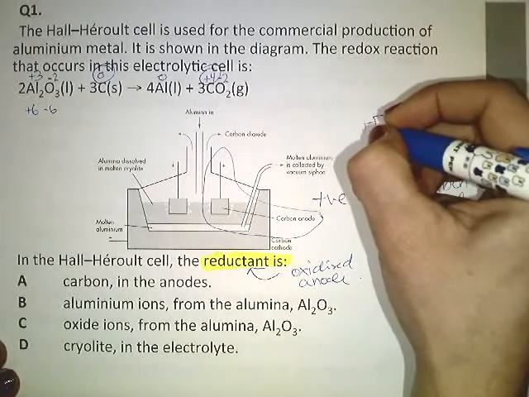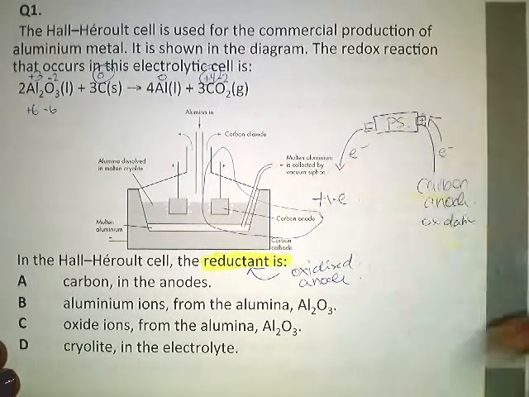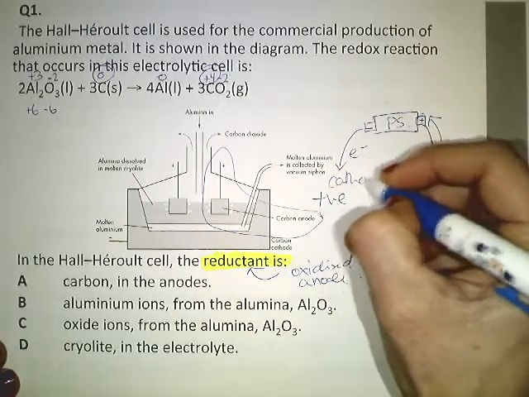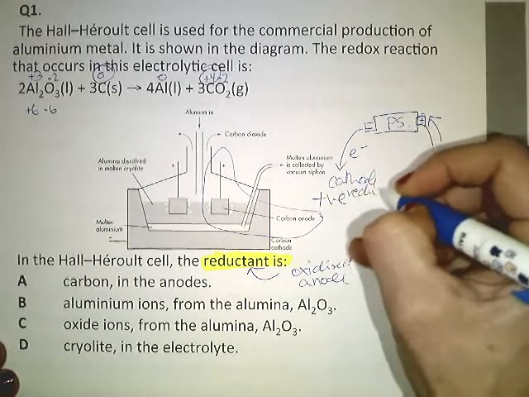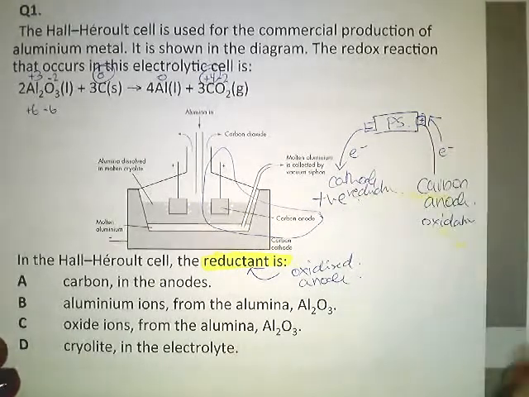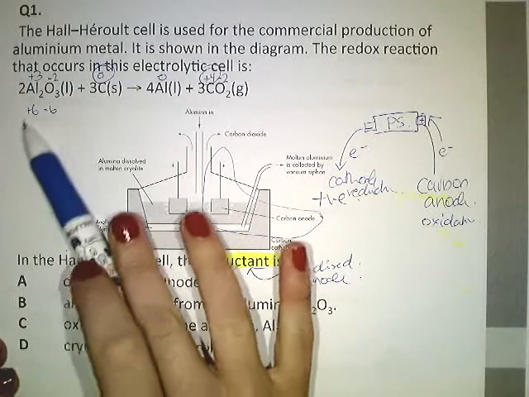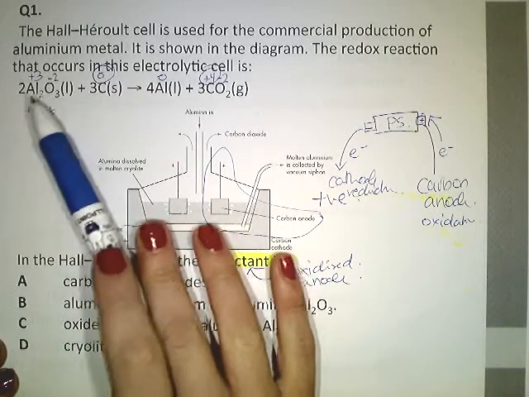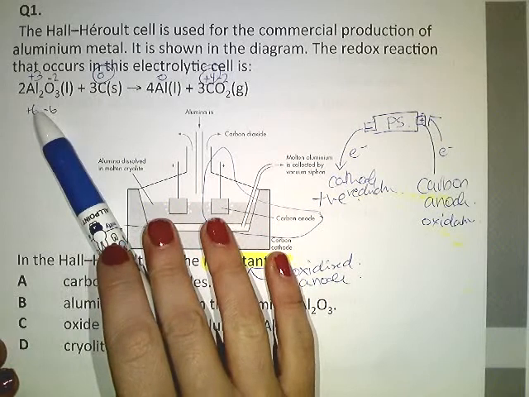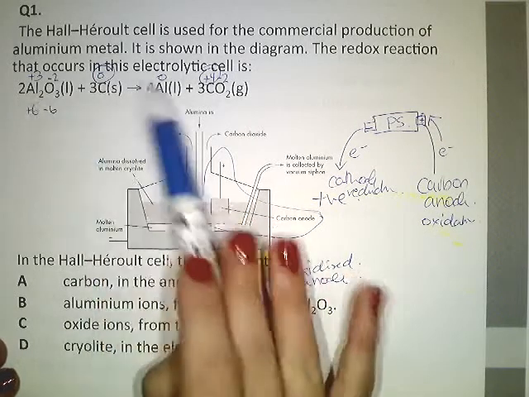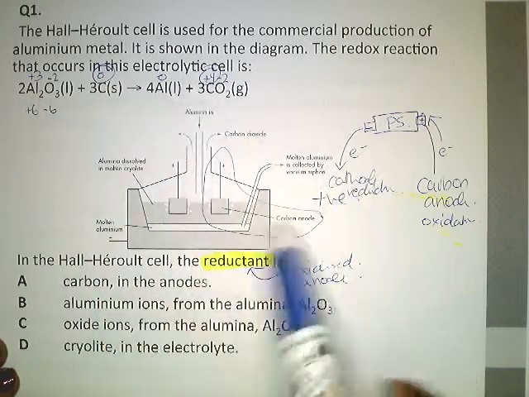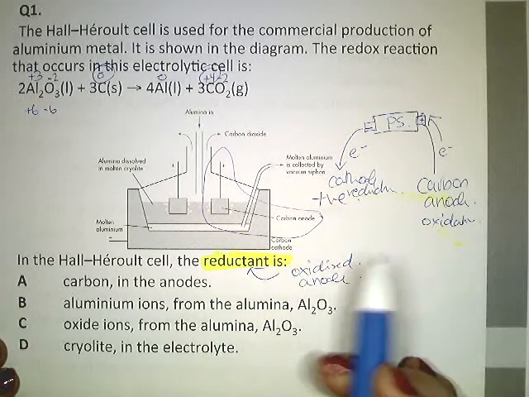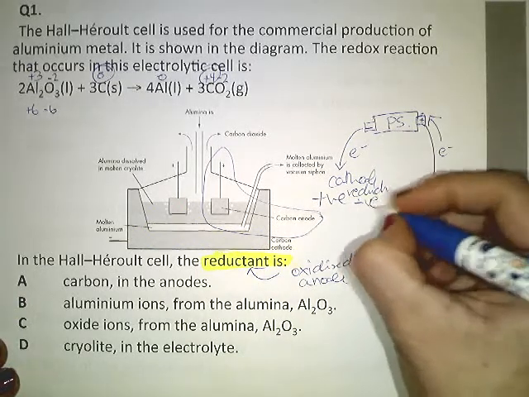And the negative side spits electrons out into the cathode, where reduction can occur. And in this case, aluminium oxide will be reduced from +3 to 0, and that occurs at the cathode, which is negative.